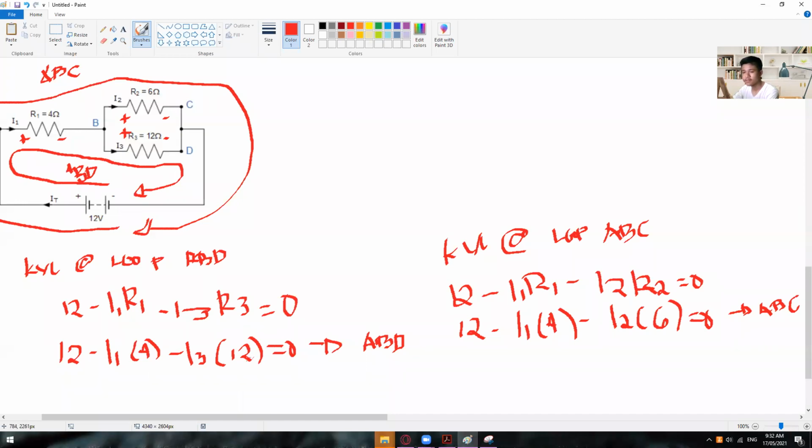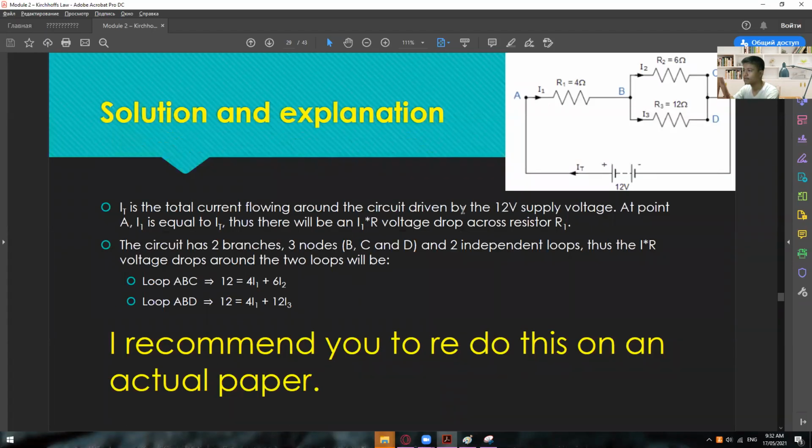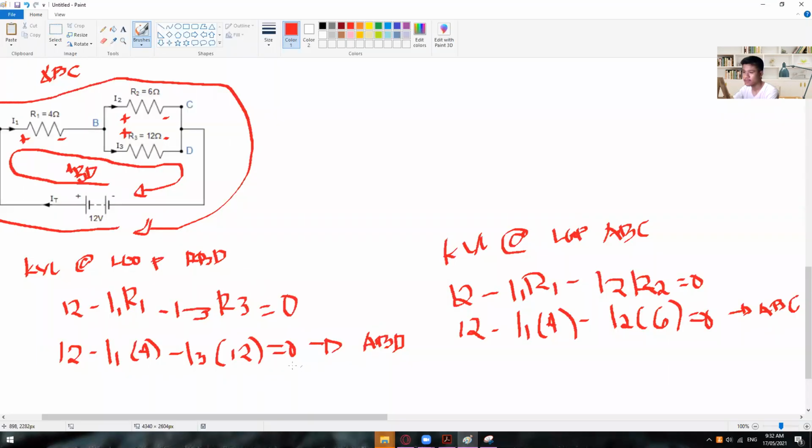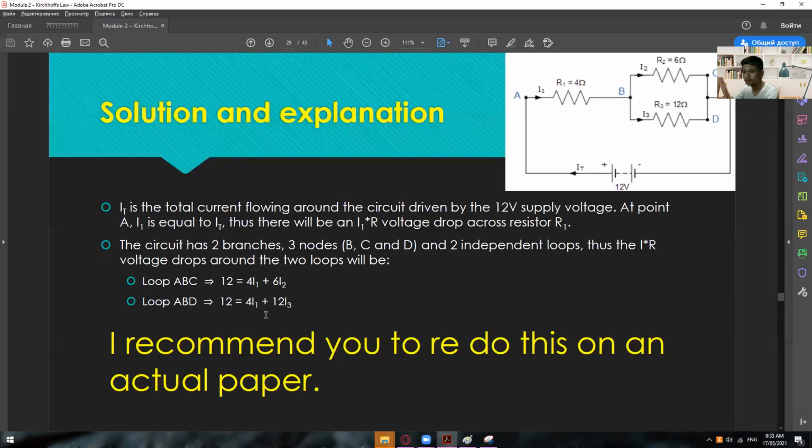Anyway, from there, we can already solve for the I1, but not yet. This one is I1 and I1, but we will have two other unknowns, which is I2 and I3. But from here, we can actually eliminate those and come up with another equation.